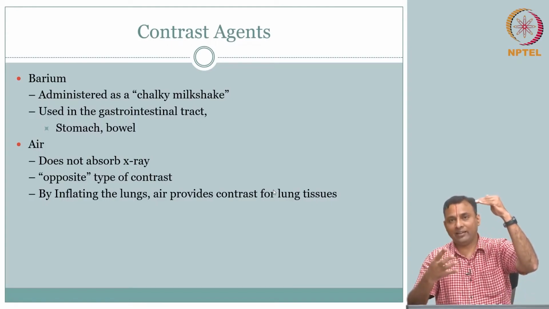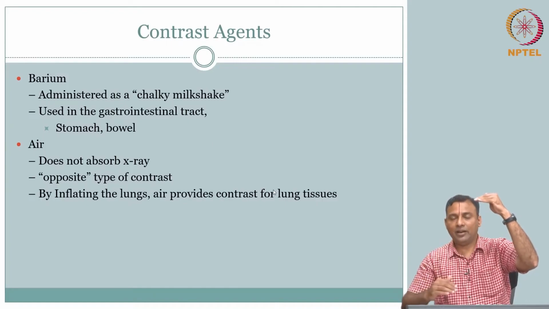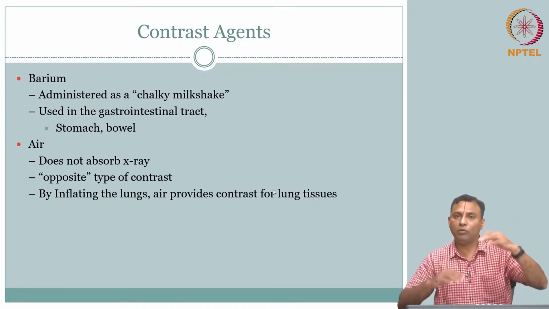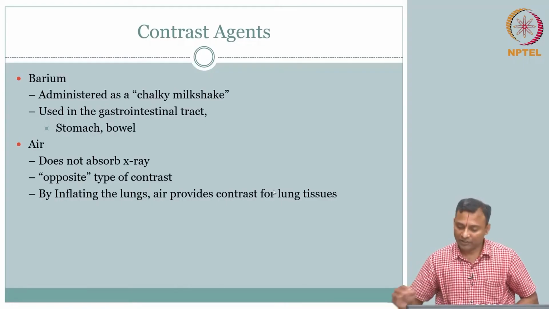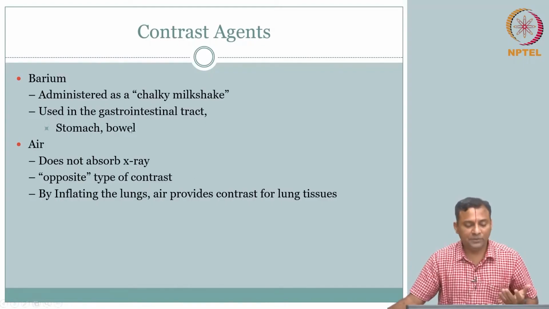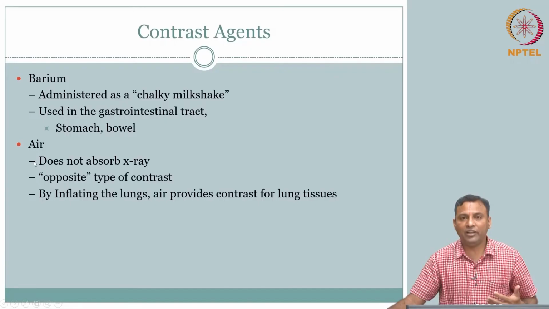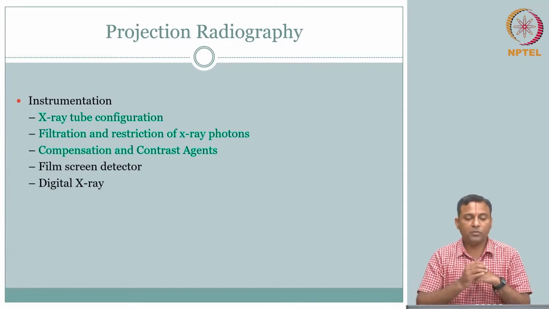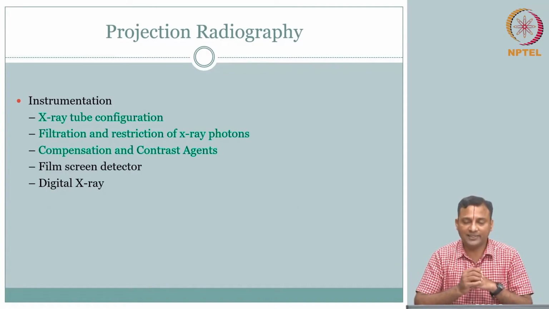If I have air in the bowel, attenuation is reduced wherever the air is. So in that image, you have very good dynamic range, very good contrast, because you have both the effects. In some sense, air is trivial, but it could be used to your advantage if you know which target you are doing and what your application is. Okay. So much for compensation and contrast agents, right.